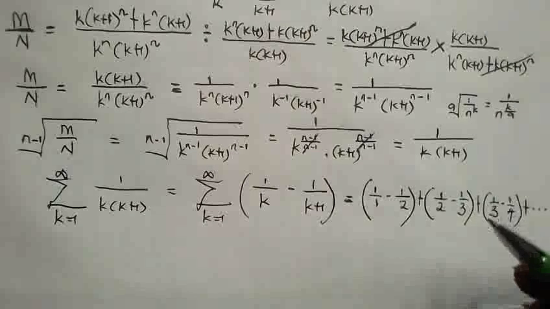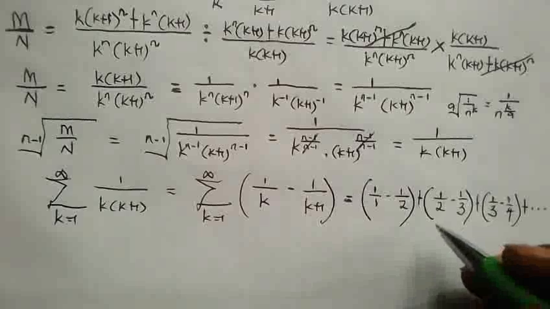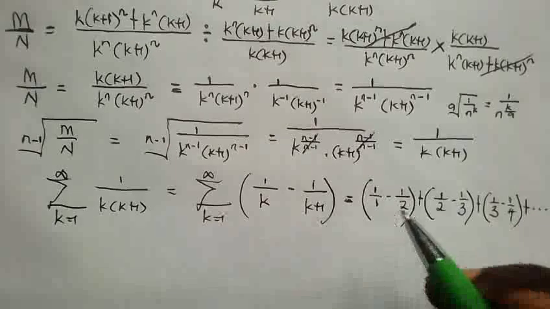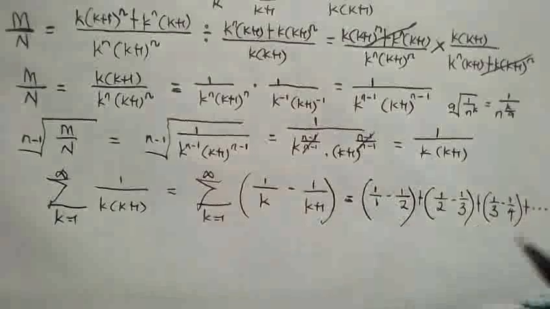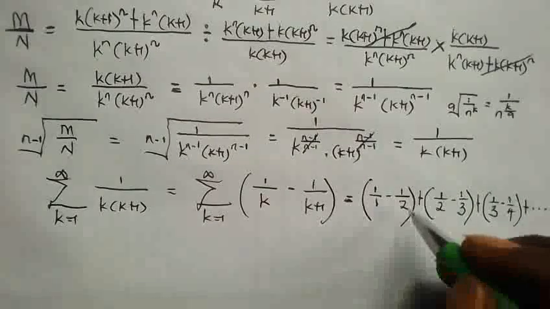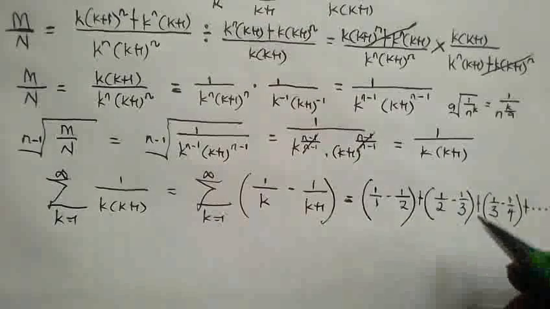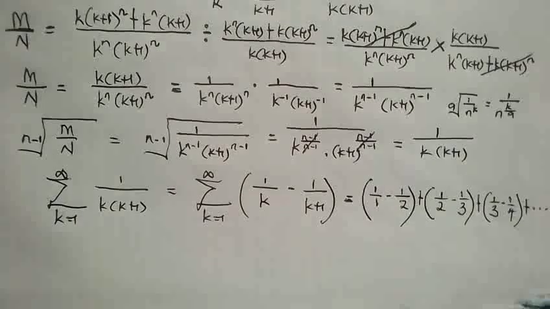So we can see that this is just a telescoping series, right? Since k goes from 1 to infinity, only the first term survives, right? So let us try to remove the brackets and make our cancellations.